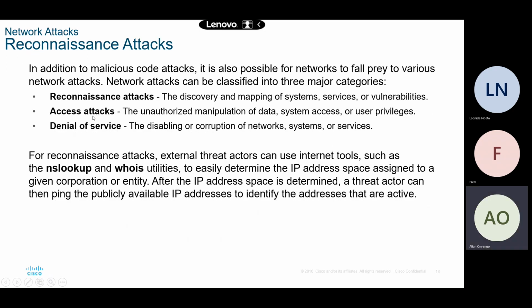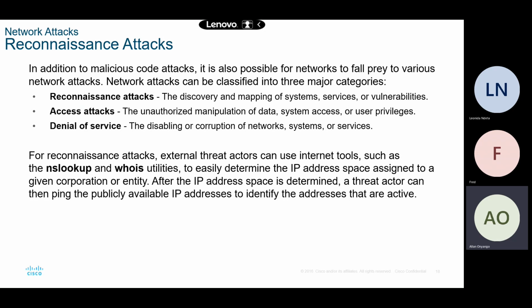Now, in terms of attacks, this word reconnaissance is a very important word. The word reconnaissance simply means information gathering attack. This is a kind of attack which gives the attacker or the threat actor the ability to collect information using different utilities.